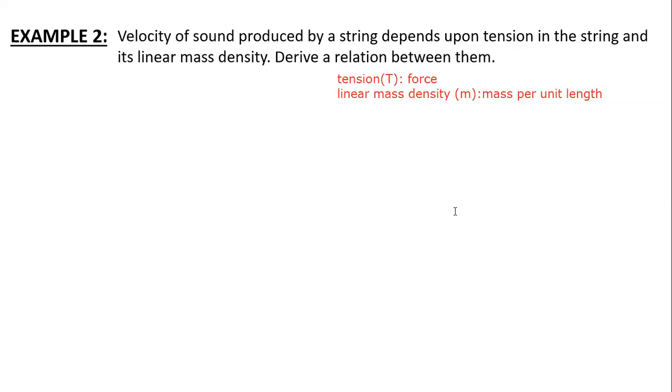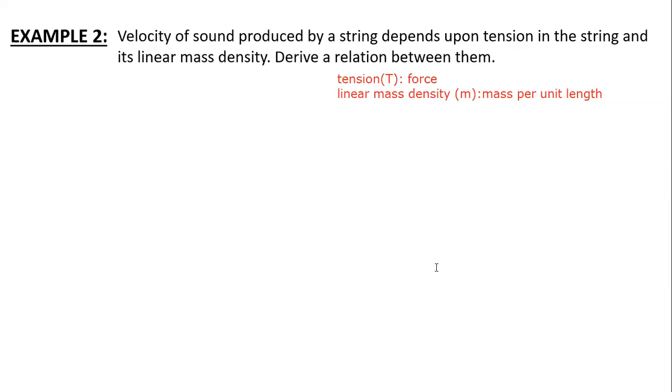So any answer? Yeah, Shiv, tell me. Yes, sir. I just did it, and I got the speed is equal to a constant times the square root of the tension divided by the mass density. Yeah, it's correct.